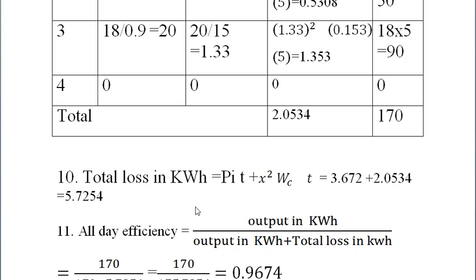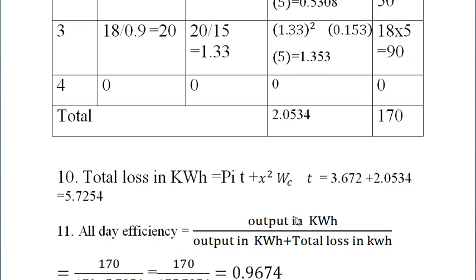If we add these losses to the output, then we get the input to this distribution transformer. Then all day efficiency is equal to output in kilowatt hours divided by output in kilowatt hours plus total loss in kilowatt hours. This whole denominator we can say is the input to the distribution transformer.